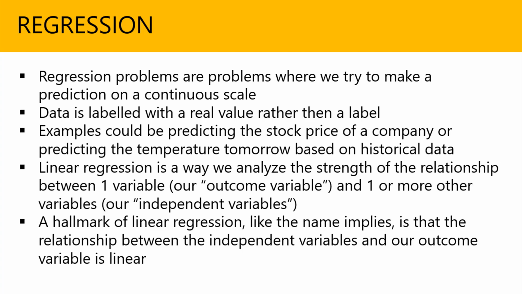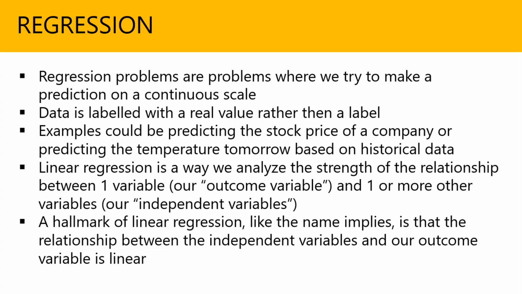Linear regression is a way we analyze the strength of the relationship between one variable, which is our outcome variable, and one or more other variables, the independent variables. So there's a dependent variable and an independent variable. That's linear. Of course, there's multiple regression as well, where you have multiple variables.